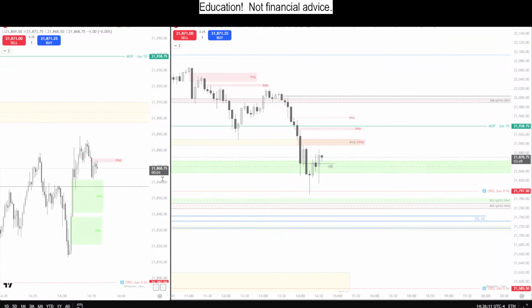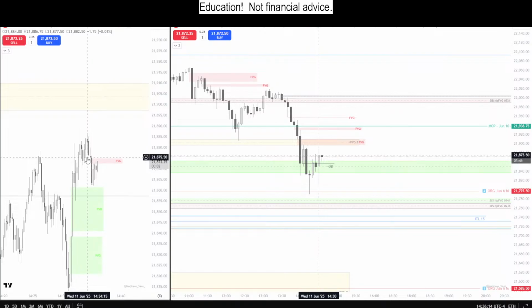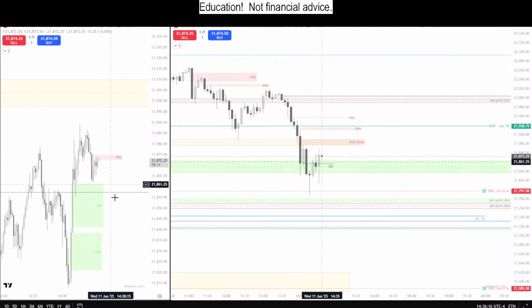We have the SIBI open. Let's see if we close above it, including these volume imbalances, or if we're going to go lower first.